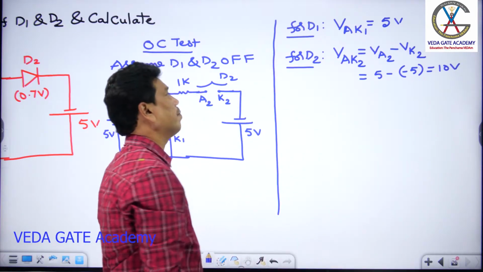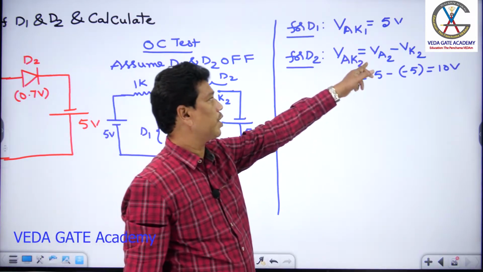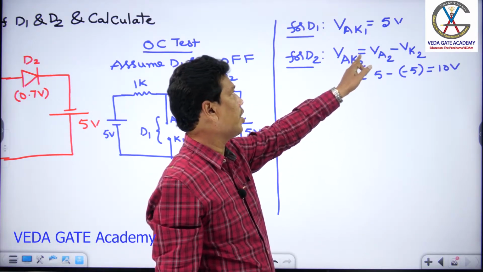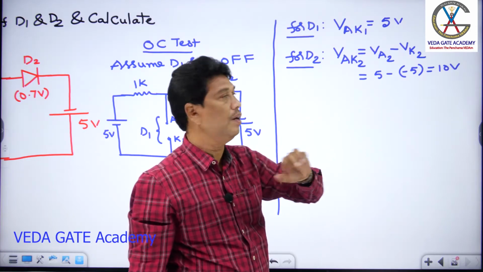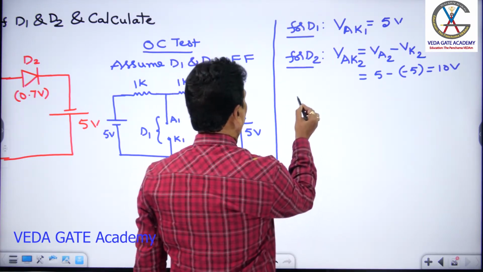So now I can compare the anode to cathode potential of both D1 and D2. On comparison, the anode to cathode potential of D2 is more compared to D1, so D2 conducts earlier than D1. As VAK2 is greater than VAK1, D2 is going to conduct first as compared to D1.